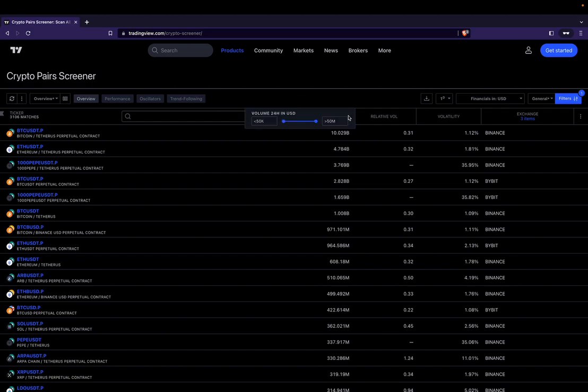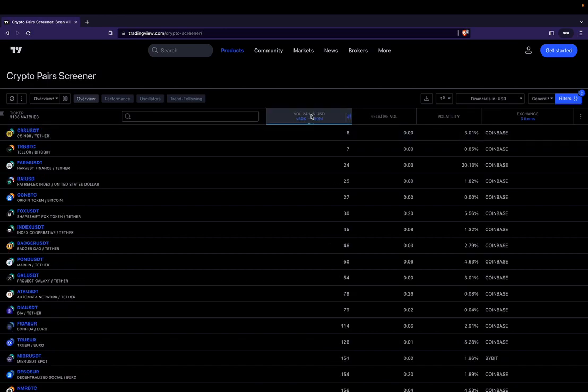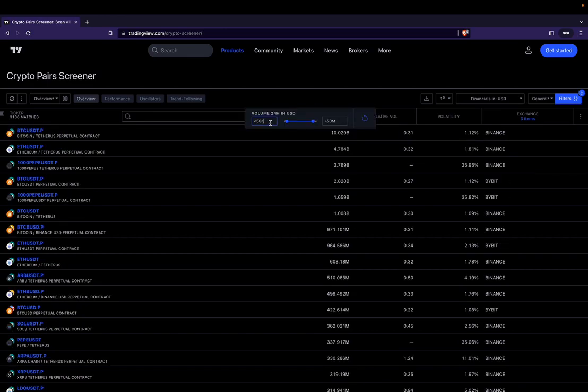We want to take away anything that is less than 1 million USD per day. And I don't know why it didn't go through. Less than 1 million. That's 100K.